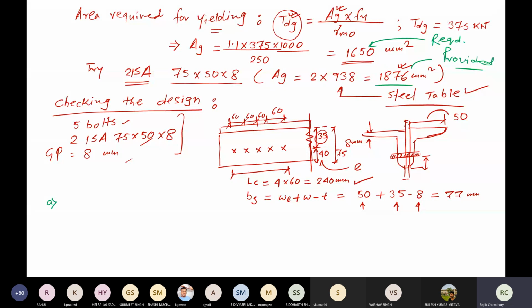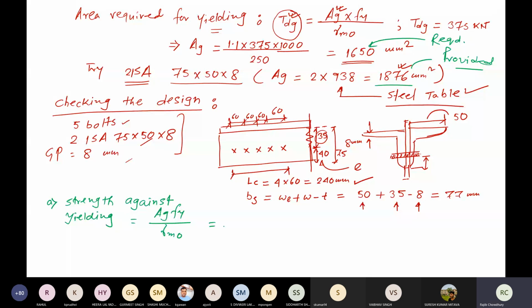Again we'll do the same process: strength against yielding, which is Ag Fy divided by gamma m0.